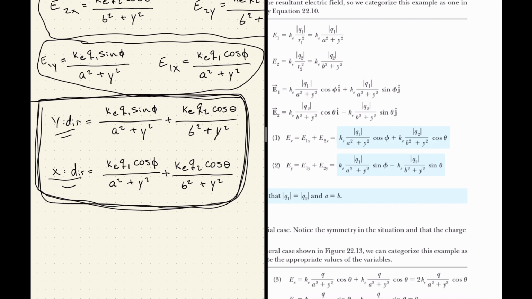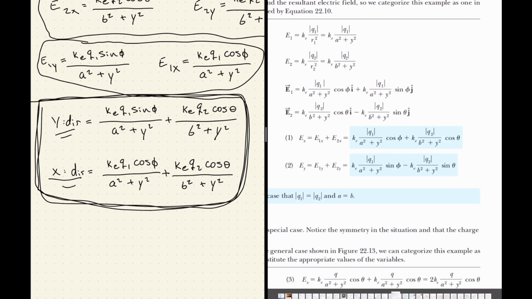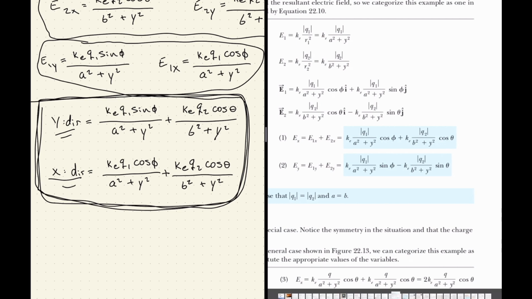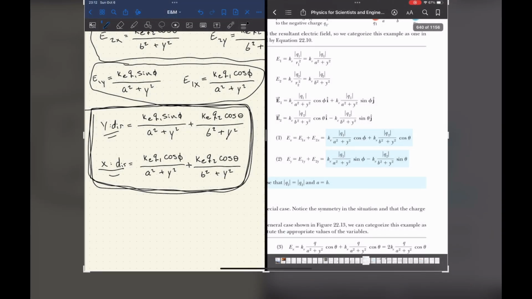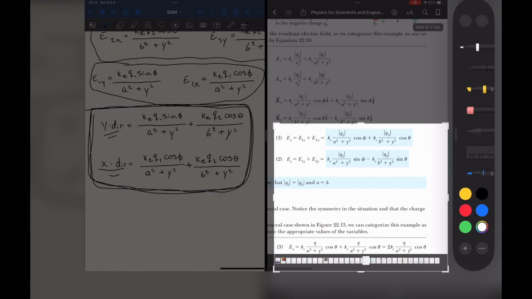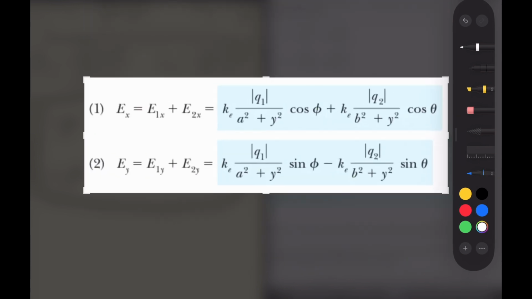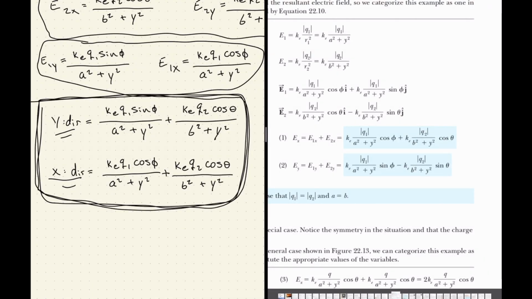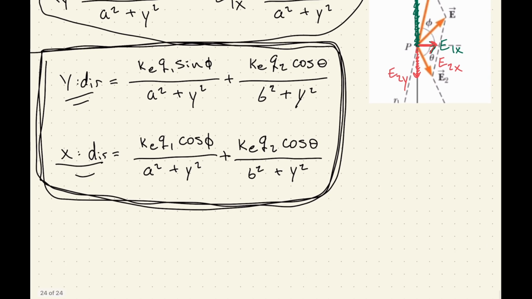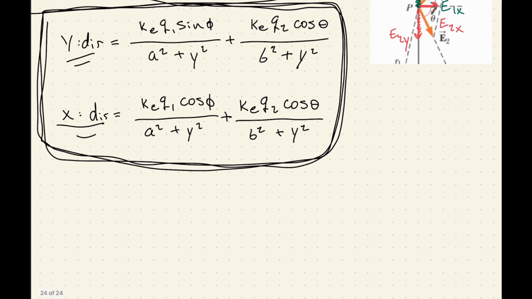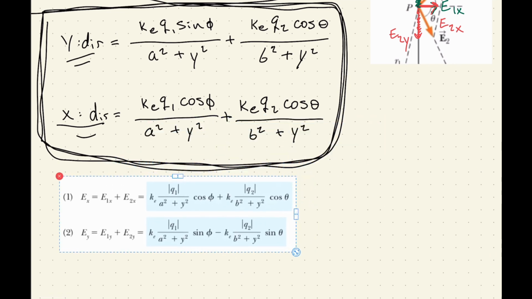Oh man, actually I don't want to finesse you guys with any quality problems, so I'm just gonna do this. All right, save that. Let's go back to our original picture. All right, what we're gonna look at is this. The x direction, E1x, E2x. Hey, I called them the same thing.